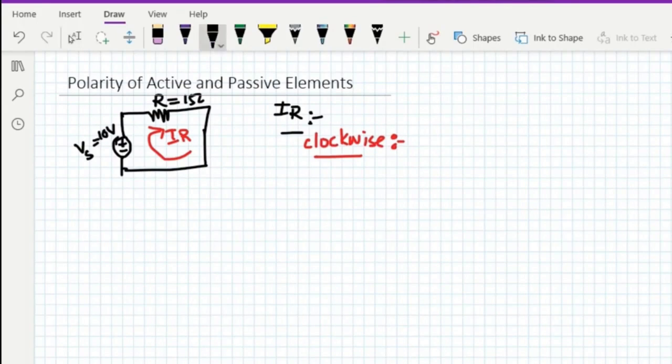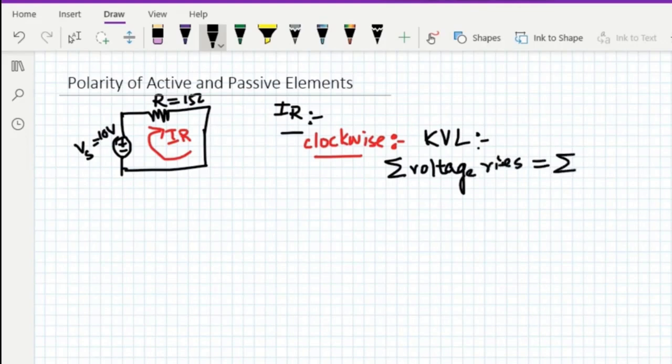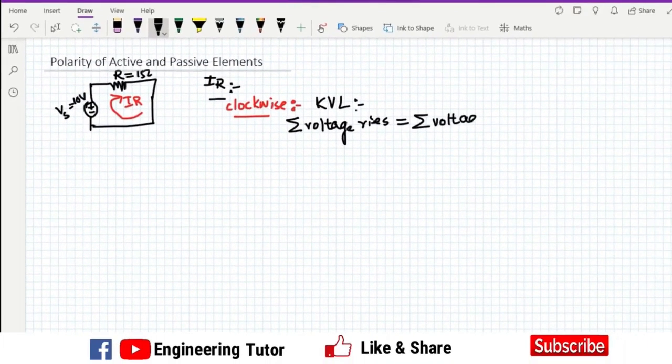In order to find out the value of current, we have a very well-known law called Kirchhoff's voltage law, which states that in any loop the sum of all voltage rises is equal to the sum of all voltage drops.